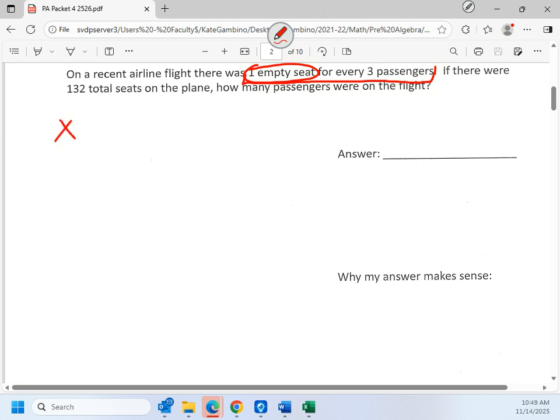We've got 3 passengers, empty seat. 3 passengers, empty seat. All right, so we're skipping by those 4s. So figure out down to the 1. And then figure out what you need to multiply by to see how many passengers altogether there are.